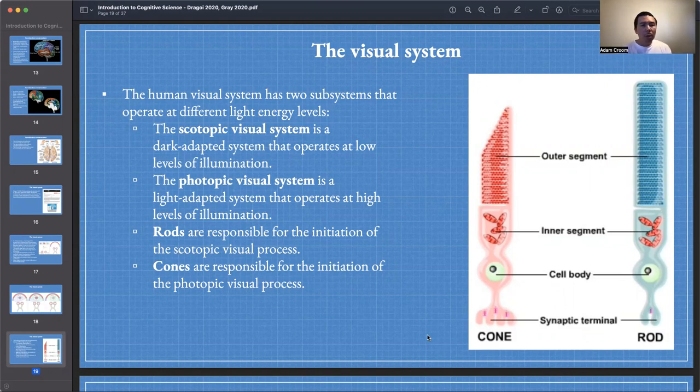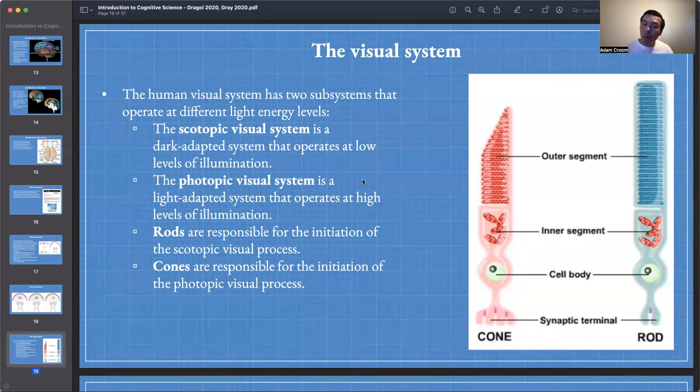So the scotopic visual system is a dark adapted system that operates at low levels of illumination, and rods are responsible for the initiation of the scotopic visual process.